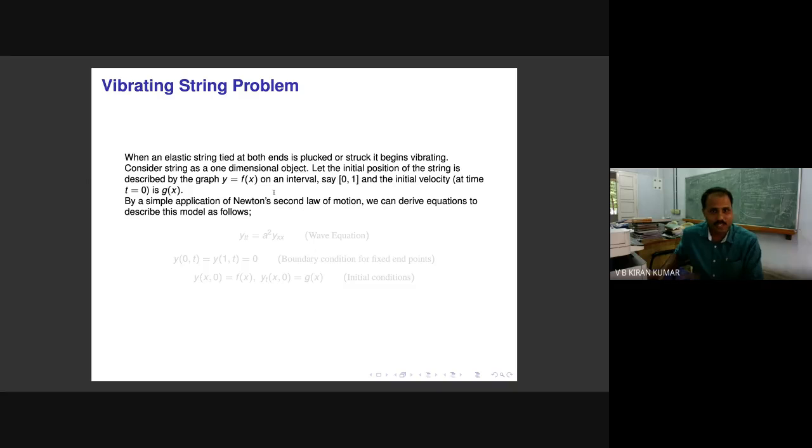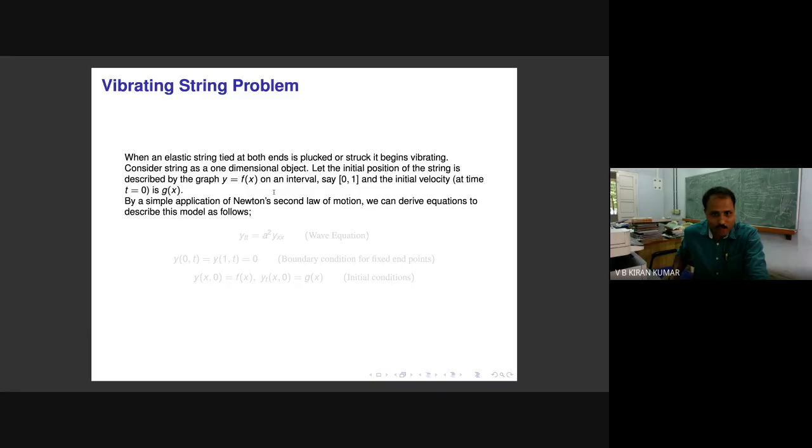So suppose we know these two things, then by some physics laws, for example Newton's second law of motion, which gives you an equation relating force to mass times acceleration, you can derive the system of equations.